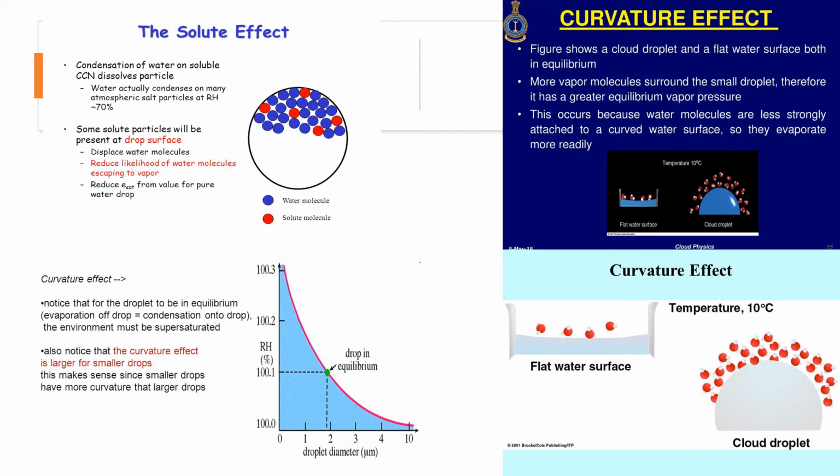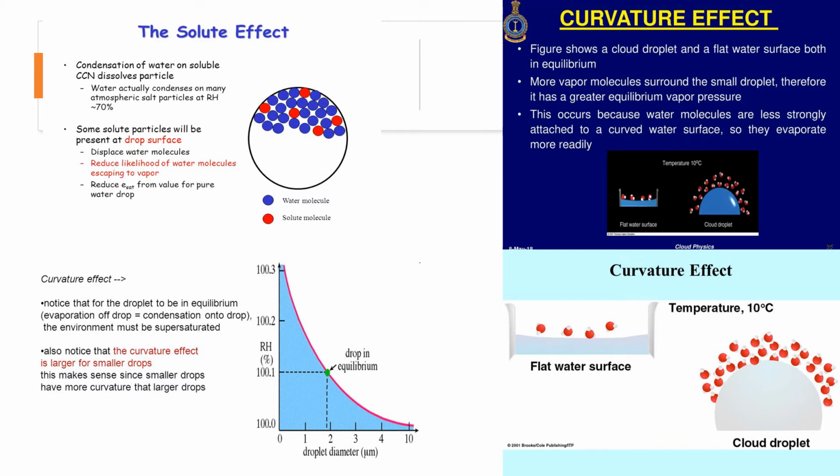If you look carefully, as the droplet diameter is reduced, we need more relative humidity to make that situation equilibrium. A relative humidity less than that required for equilibrium causes a water droplet to evaporate and shrink, while one greater than the equilibrium value allows the droplet to grow by condensation.